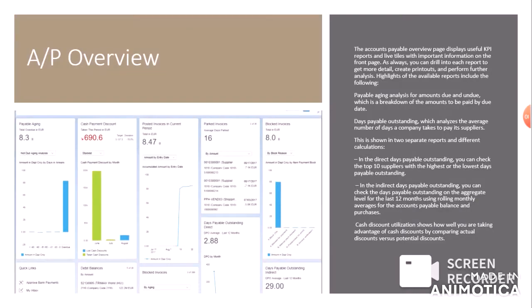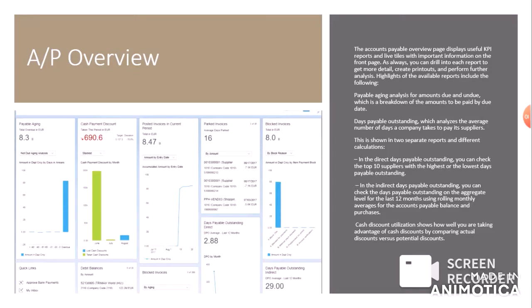And AP overview, if we see in the screenshot, we can see payable aging, cash payment discount, posted invoices in current period, parked invoices, blocked invoices. So it gives an overview of the accounts payable page.